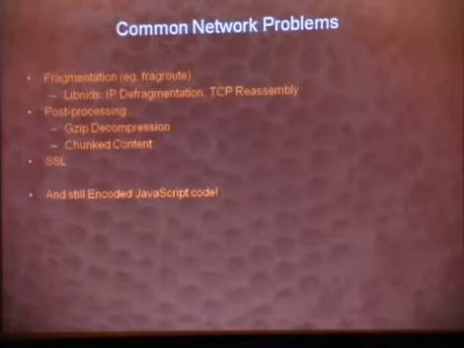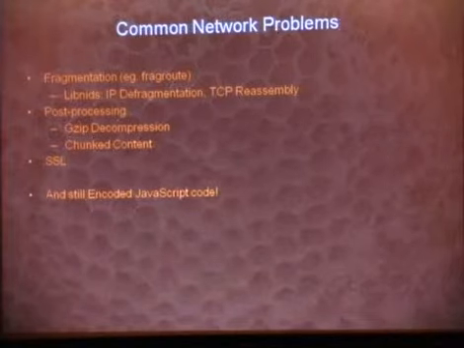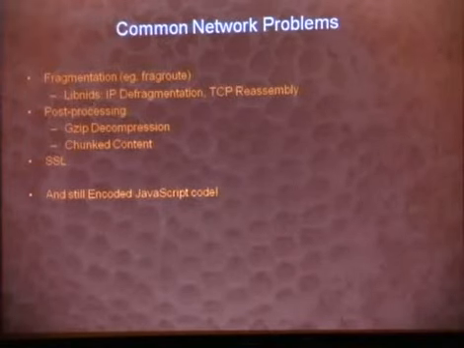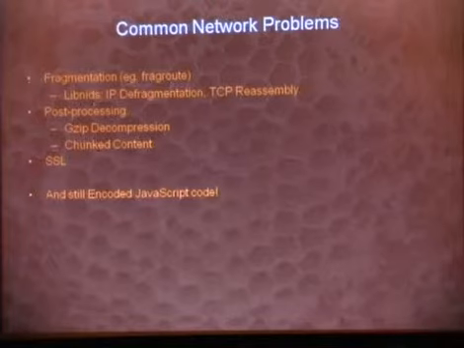Fragmentation with IP packets, and also TCP reassembly, and pipeline request, where there's multiple GET or POST requests in the same packet or in the same stream. And additionally, processing of gzip and chunked encoding. I didn't do anything for SSL.